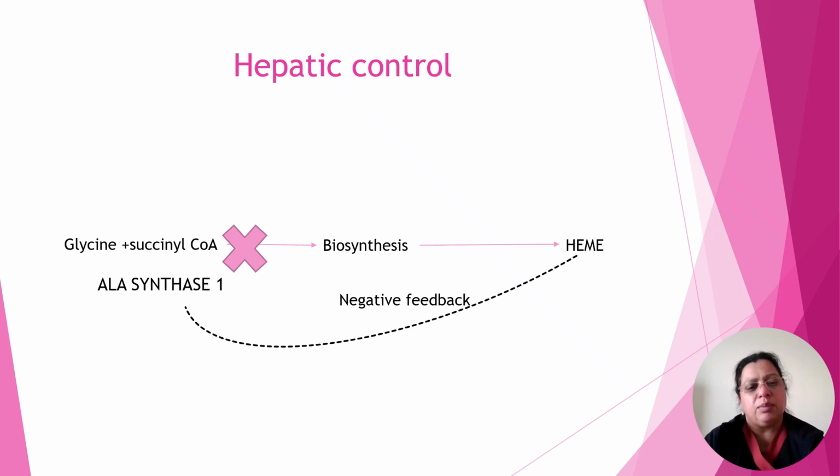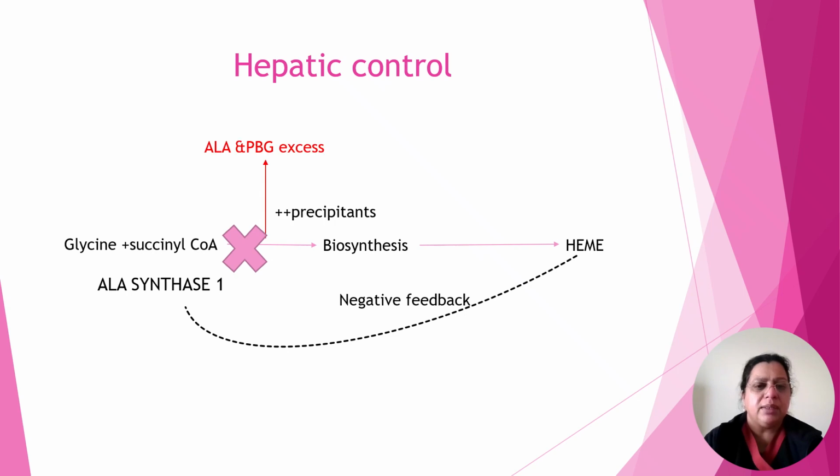So this is the normal phenomenon. Once the heme concentration decreases, this negative feedback goes away and succinyl-CoA and glycine lead to the formation of heme. So that's in the simplest form how hepatic control of the rate limiting step of porphyrin synthesis takes place. But what happens when there is disease?